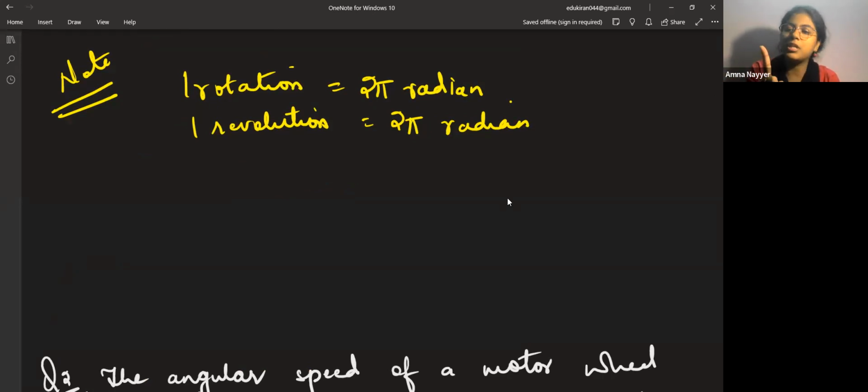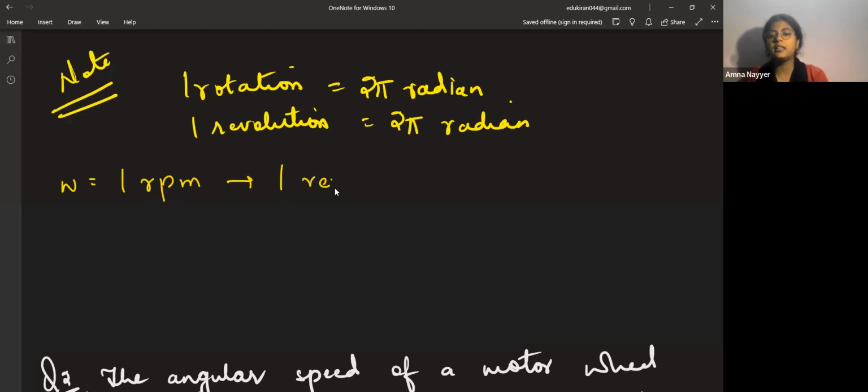When one revolution occurs, that is also from 0 degree to a complete circle, 360 degree. That's why, whether it's one rotation or one revolution, the way we convert it is 2 pi radian.